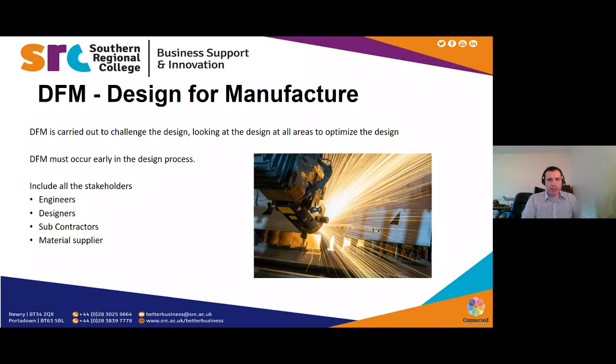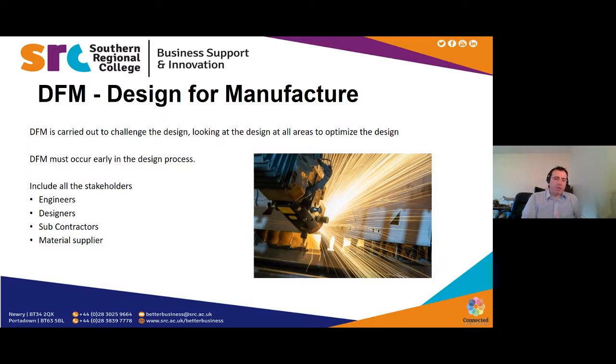It's good to embed good communication and relationships in each area, because there's no point a designer designing something that can't be manufactured. And again, there's no point an engineer selecting a material that can't be bought. And if you're subcontracting parts out to be fabricated, or you're making them in-house, have a conversation with the factory to see, is this achievable?